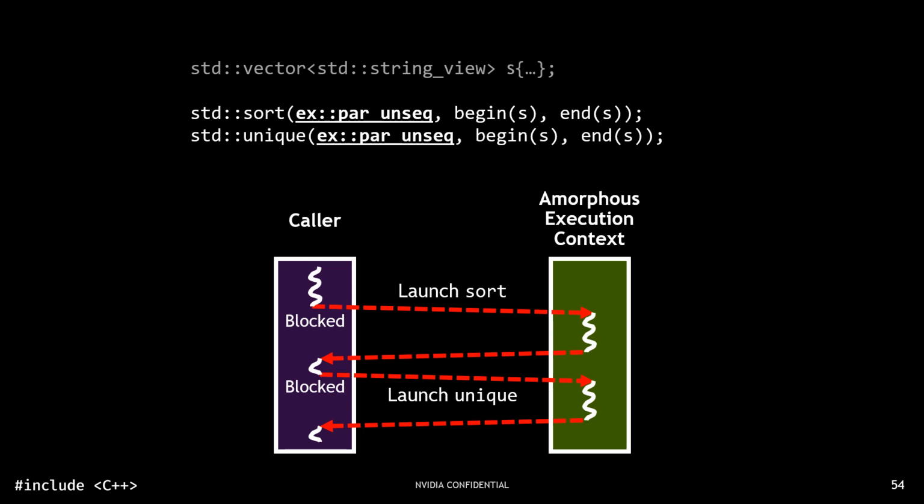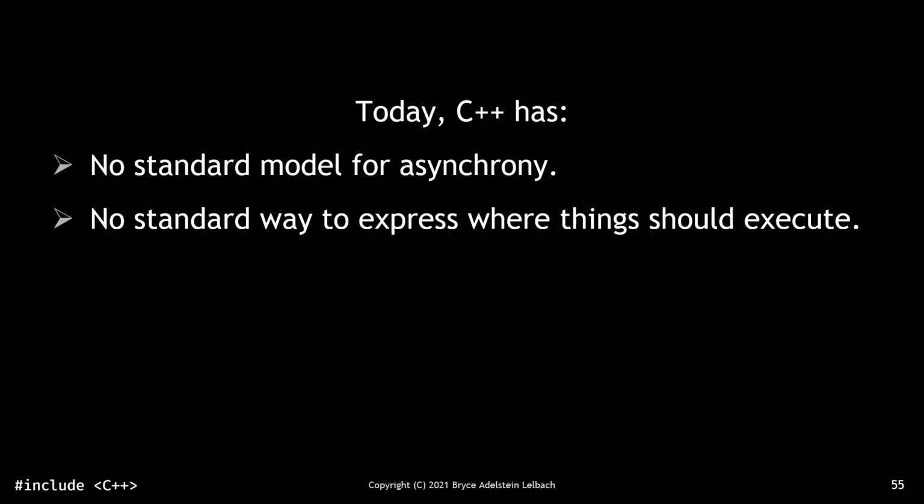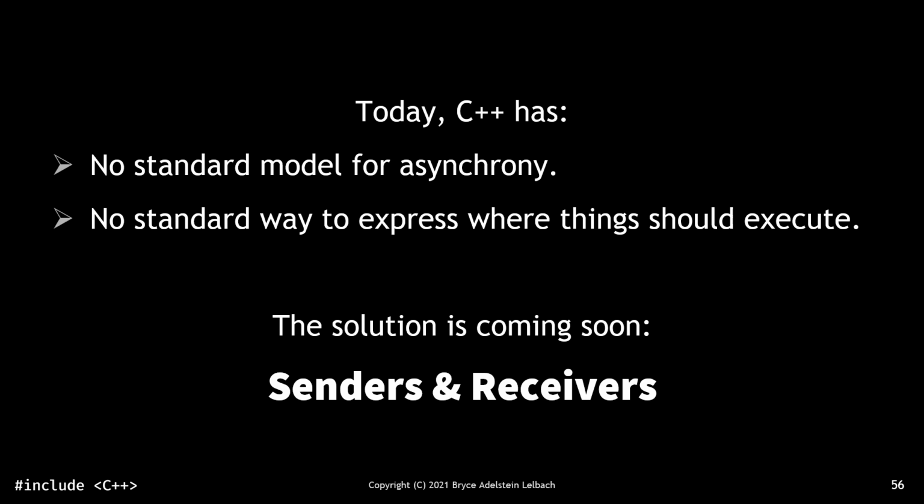By design, users have no control or visibility into where the parallel work runs. It happens in some amorphous implementation-defined execution context. It could be a CPU thread pool, a GPU stream, Grand Central Dispatch, Windows fibers, etc. Implementations have complete freedom. Today, C++ has no standard model for asynchrony and no standard way to express where things should execute. But the solution is coming soon to your C++ implementation.